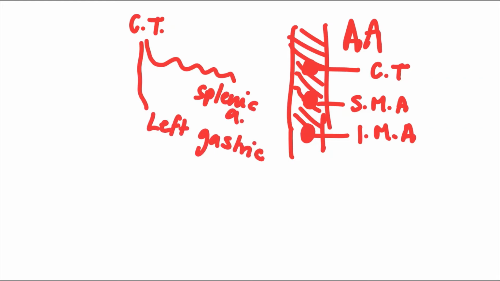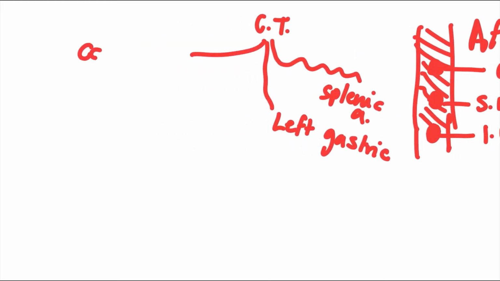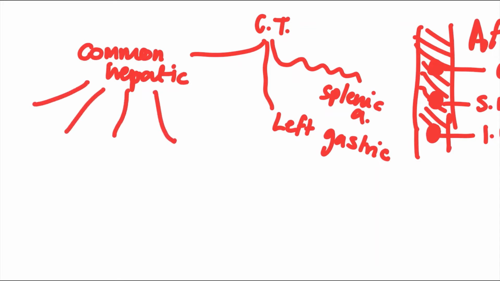So the common hepatic artery has many branches, but the one that we will look at in particular is called the gastroduodenal artery, which supplies the head of the pancreas.